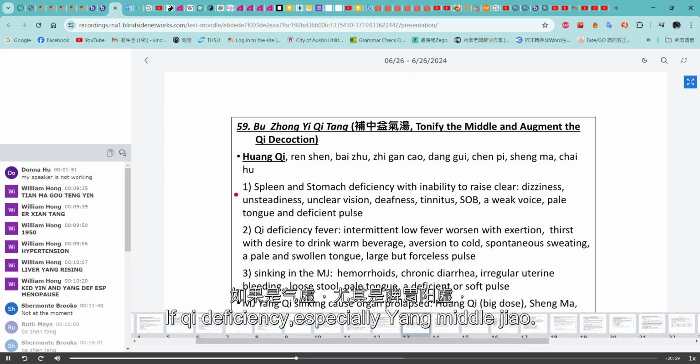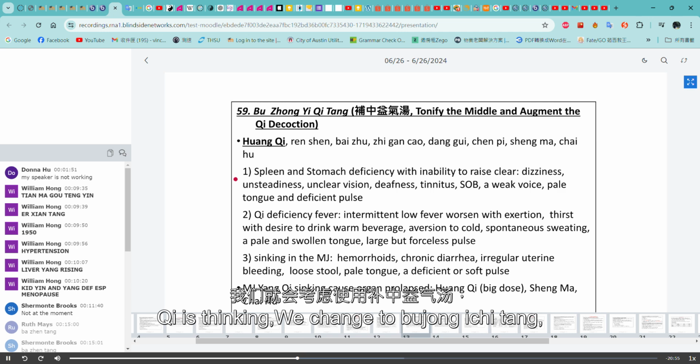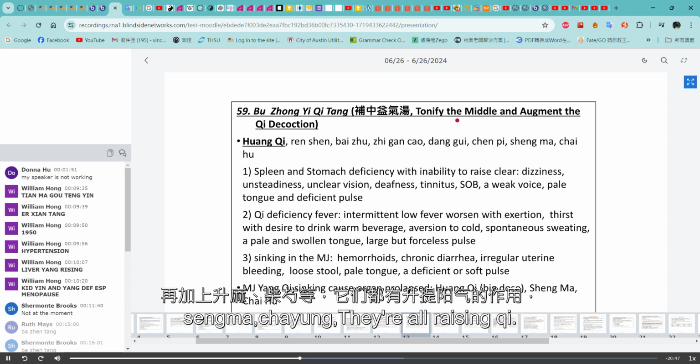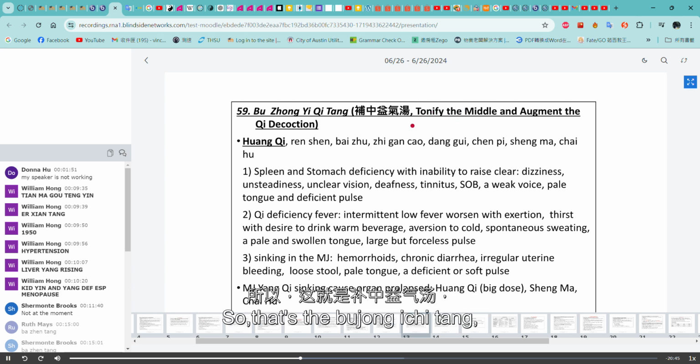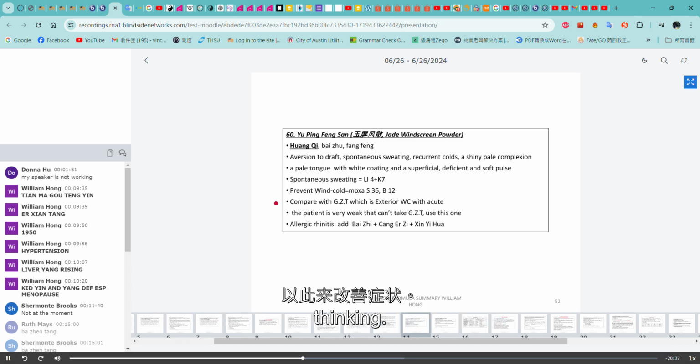If Qi deficiency, especially yang, middle jiao Qi sinking, we change it to Bu Zhong Yi Qi Tang. That has Si Jun Zi Tang plus Huang Qi, Sheng Ma, Chai Hu, they are all raising Qi. So that's Bu Zhong Yi Qi Tang, raising Qi due to middle jiao deficiency, sinking.